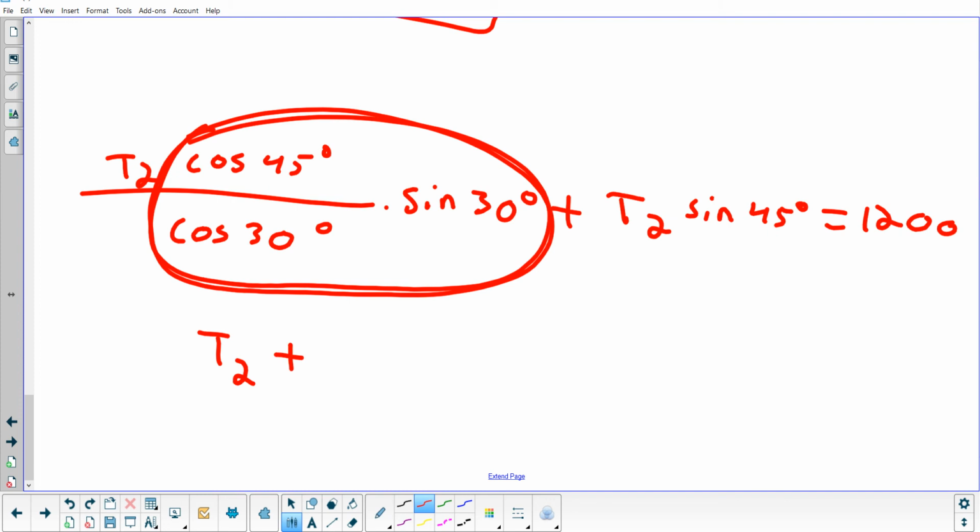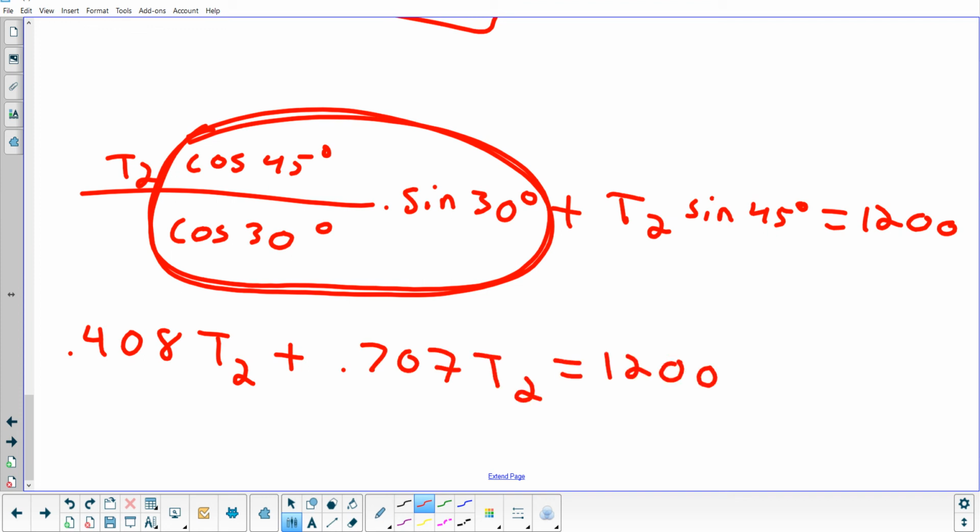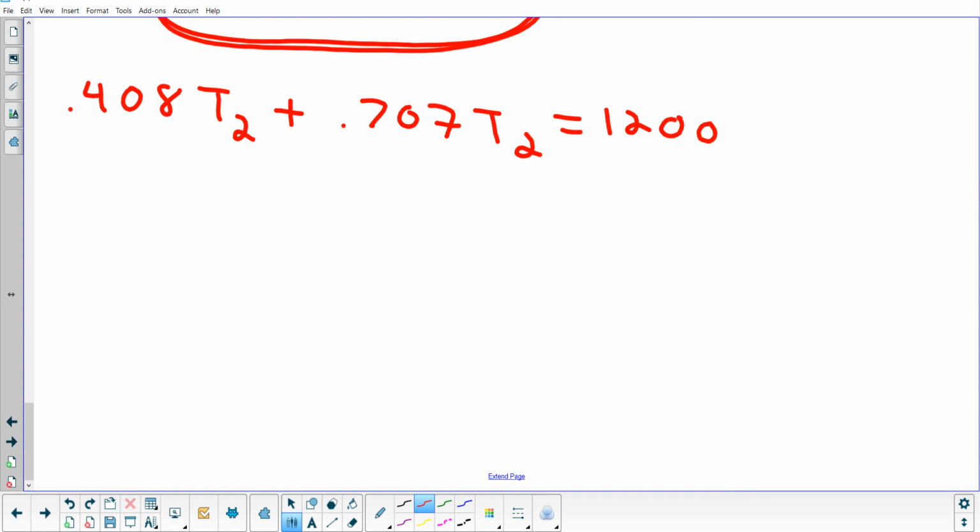I got 0.408. All right. I know the sine of 45. That's 0.707. Now, these are like terms, so I need someone to add those up. What's 0.408 and 0.707? 1.115.